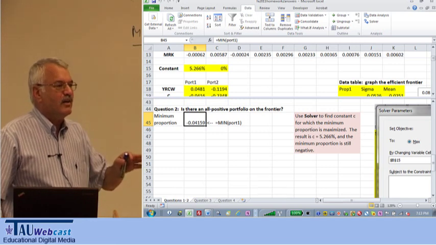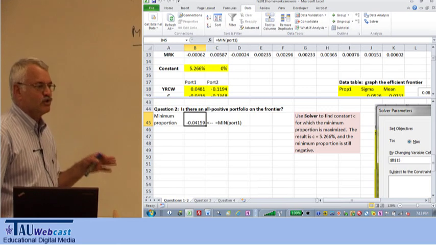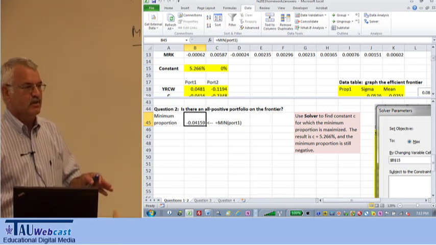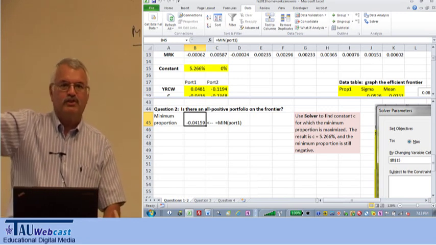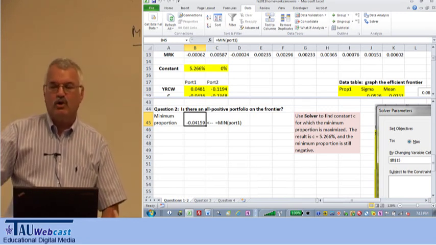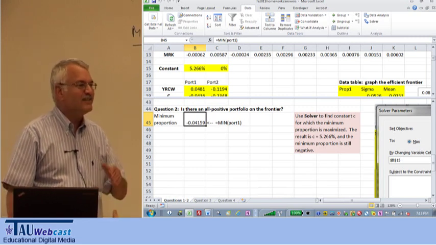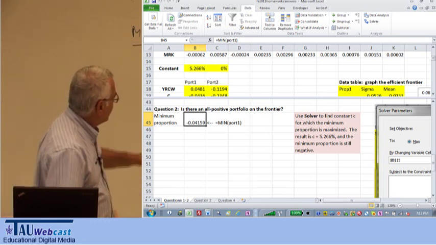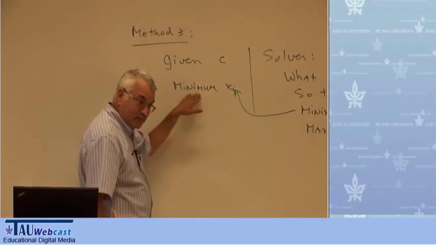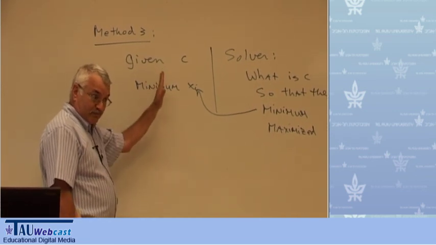You see, I have this blind faith in solver. It all depends on the assumption that solver actually knows what the hell it's doing. But if this is true, then on the whole frontier, there is no all positive portfolio. I take the minimum, and then I say make this minimum as large as possible.